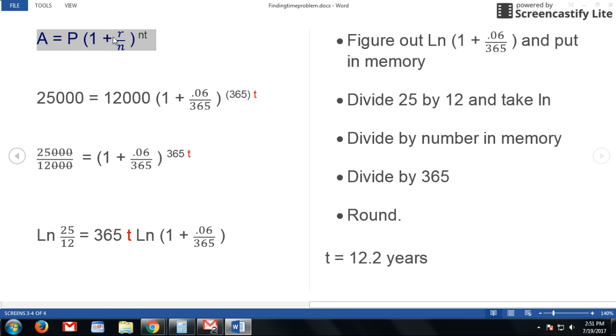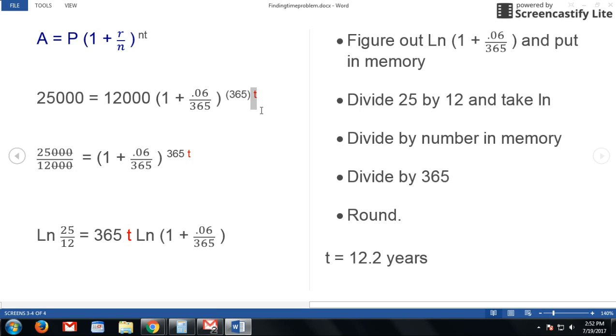Our rate was 6%, which we'll write as 0.06. n is the number of times that we compound per year. Since there are 365 days in a year, both of these n's will be replaced with 365. So everything has been replaced except for the t that we're looking for.